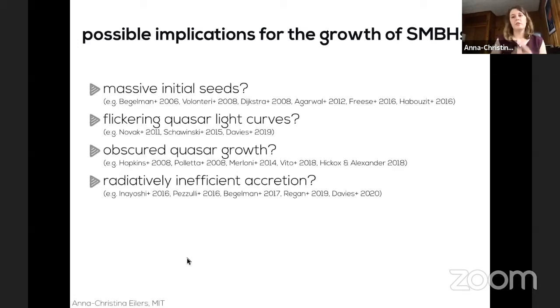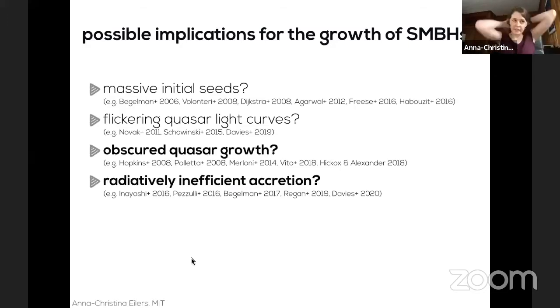And this would reduce the Salpeter time, and we could indeed grow a supermassive black hole in a very short amount of time. And we have reasons to believe that while these first two options can alleviate the tension a little bit between the lifetime that we observe and the mass that needs to be accreted in that time onto the black hole, they cannot account for the complete discrepancy that we observe.